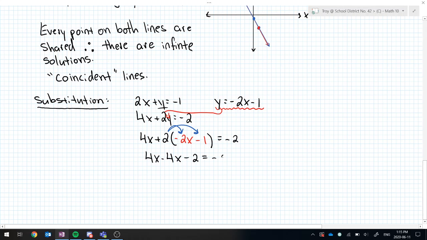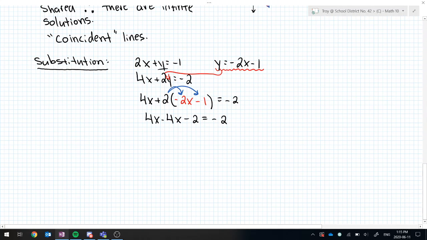Negative 2. Actually, what I'll do first, I'll move this 2. So I got to add 2 to both sides. I'll move this first, so those cancel. So I get 4x minus 4x. So negative 2 plus 2 gives me 0. And again, we get 4x minus 4x, which of course is 0x. And 0 times x is just 0.